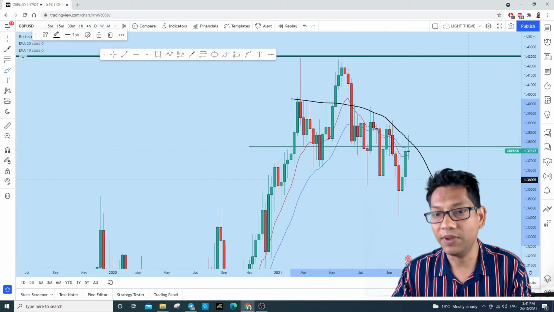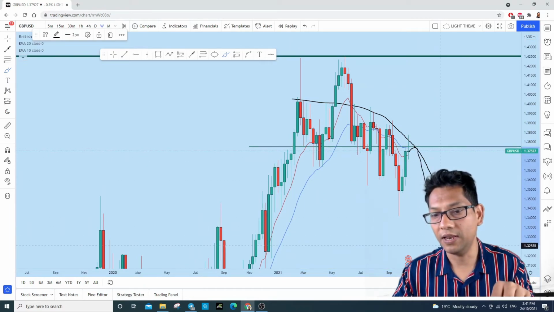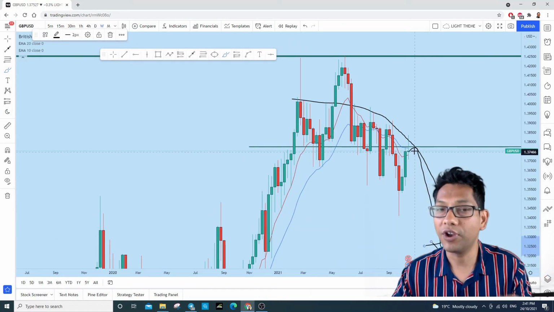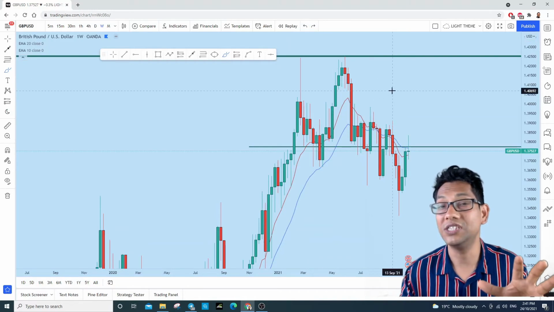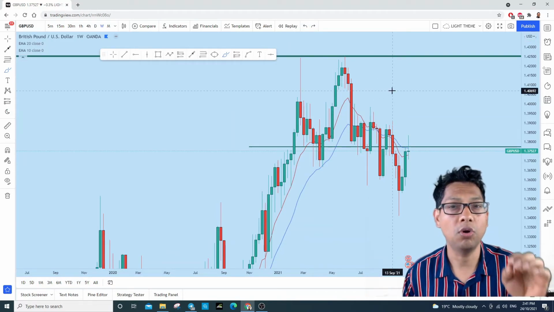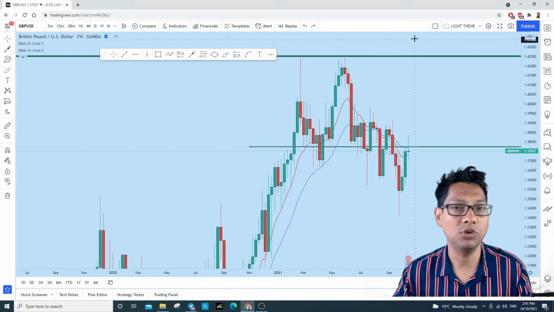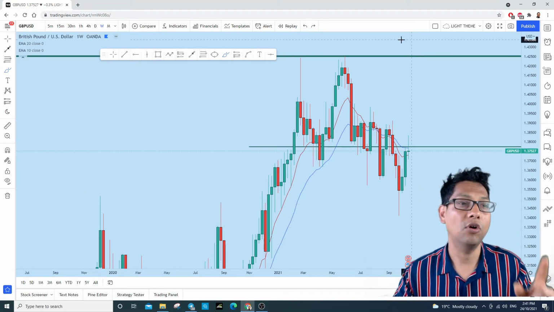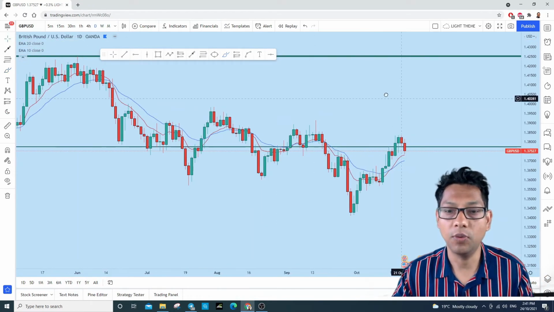So this is a dynamic trend line, and in the new trading week we can see the price go a little bit up and then continue its downtrending market, creating a lower high and lower low. So a strong move on GBPUSD is likely to happen next week or at the end of next week. Now let's go down to the daily time frame to see what kind of price action we have.